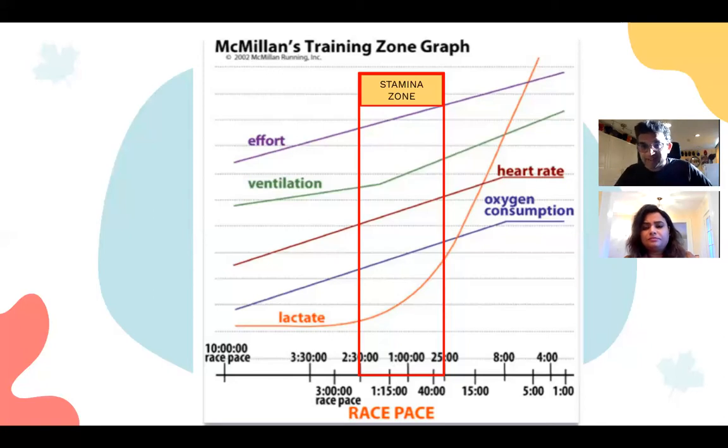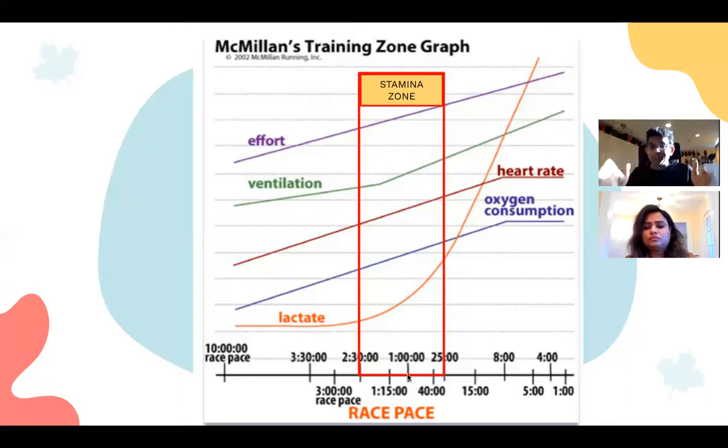That is training. So when you are doing stamina zone training, all you're trying to do is push this lactate and ventilation threshold to the right. Thereby you can sustain a much faster pace at CP. Or in other words, you can continue to sing the happy birthday song up to 1 hour or maybe up to 45 minutes race pace.